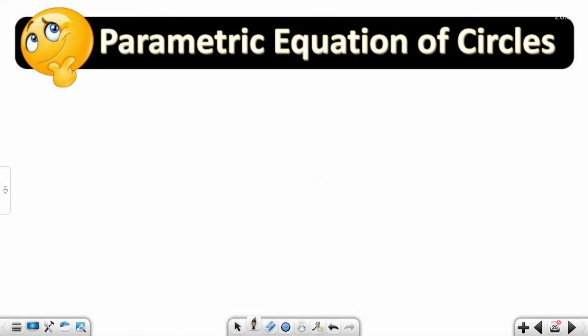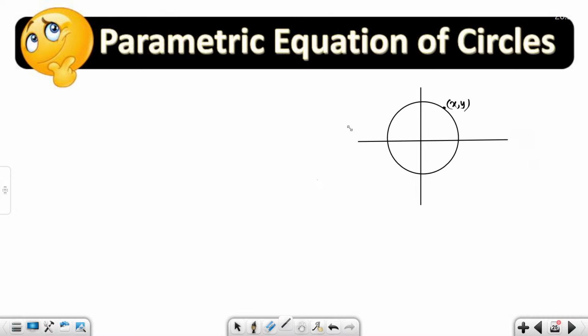Suppose we are solving a problem and we have to find a point on the circle. So you say, let x comma y be any point on this circle. Let us say the circle is in standard form, x square plus y square is a square, and this is the origin.